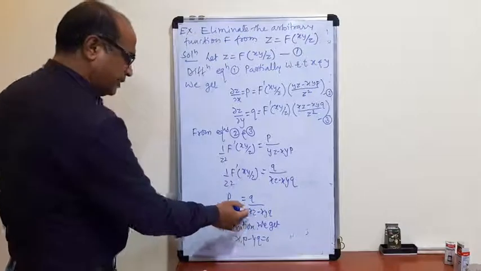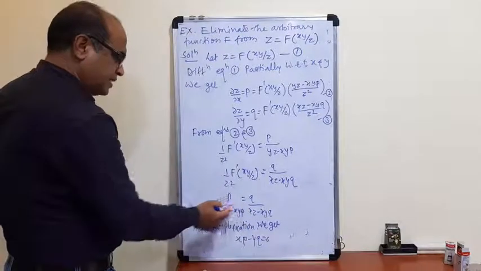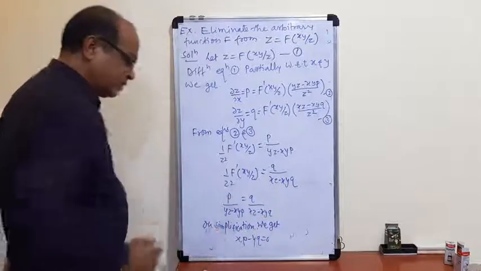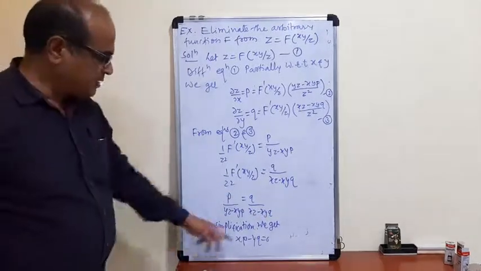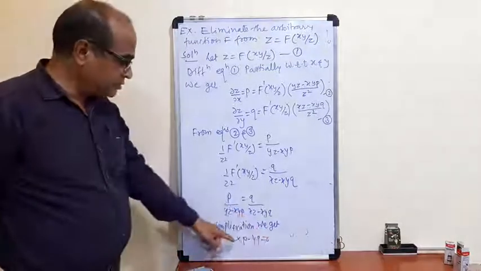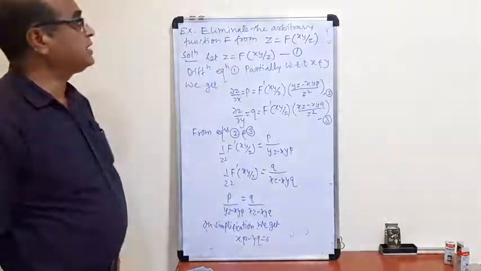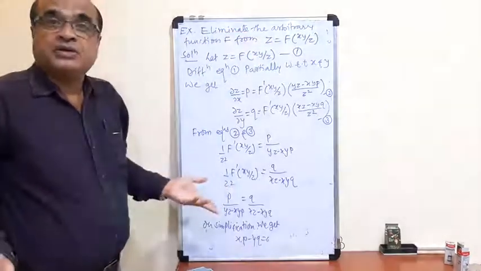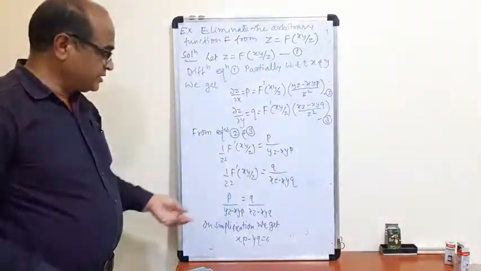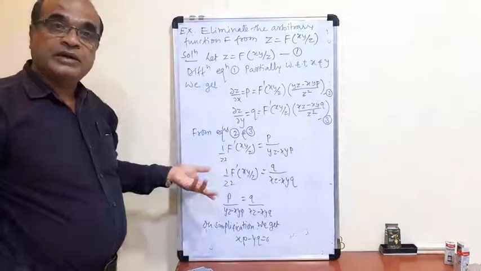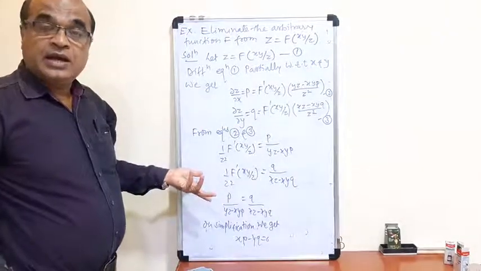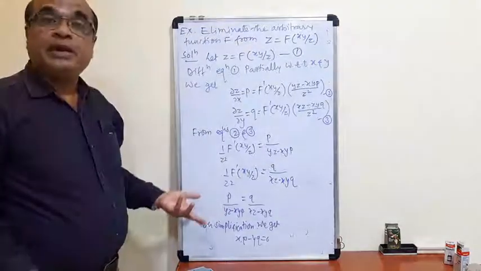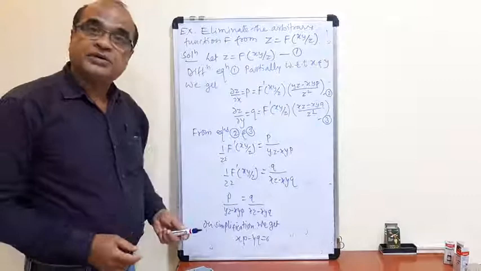Means multiplying this p into this and q into this and adding those terms, we get this equation. So xp minus yq is equal to 0. So this is the partial differential equation of this equation by eliminating arbitrary function. Okay. So this is a very simple method for obtaining the partial differential equation of the given function by eliminating arbitrary function. Okay, thank you.